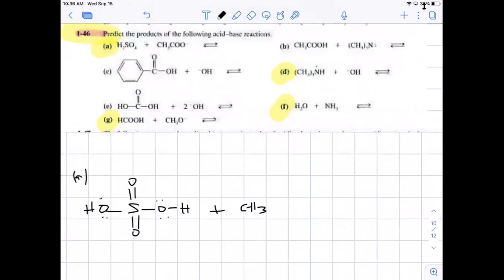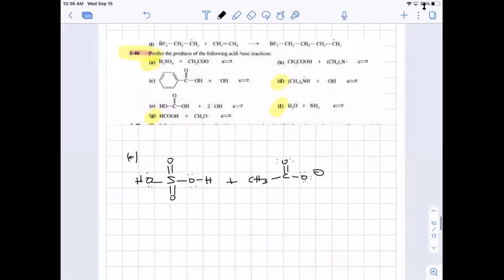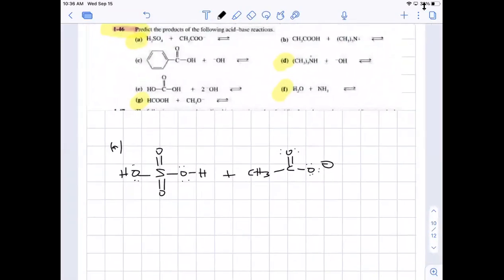So I'm going to draw that out. I think we talked about that the other day. All right. And then shrink that down some.